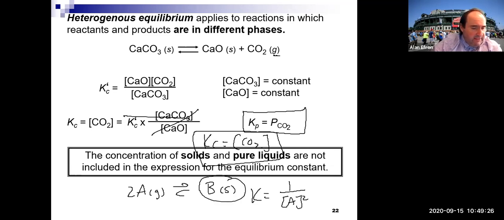If those were solids or liquids on that side, you would not include them. You would just take 1 over the reactants. And that's how you would write the equilibrium expression. So as I mentioned earlier, solids and liquids, don't put them in. Essentially, aqueous and gases are really the only things that should be in that equilibrium expression.